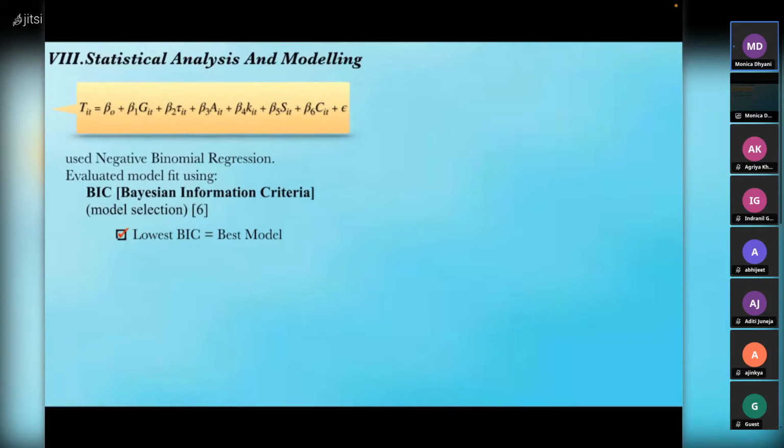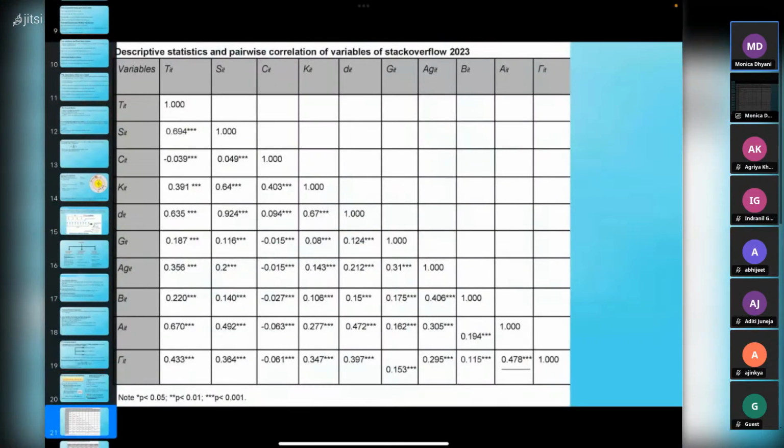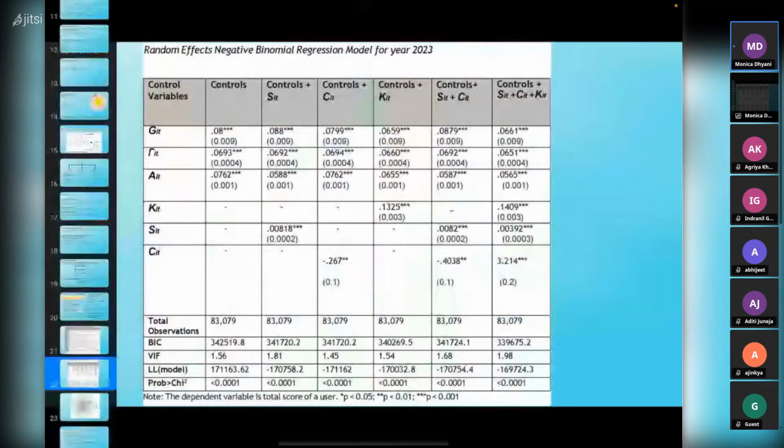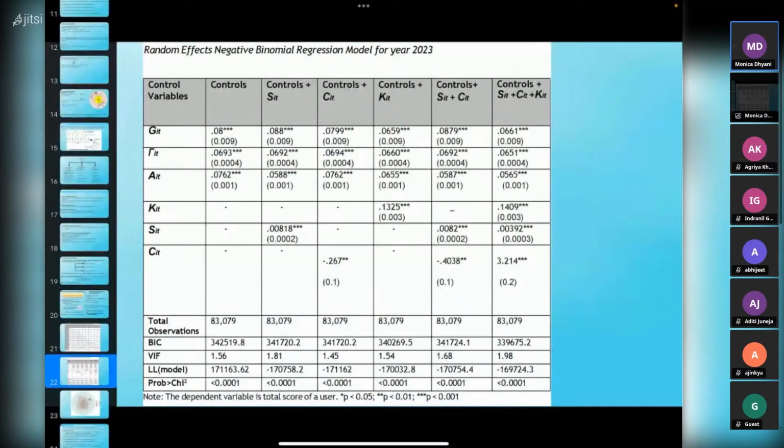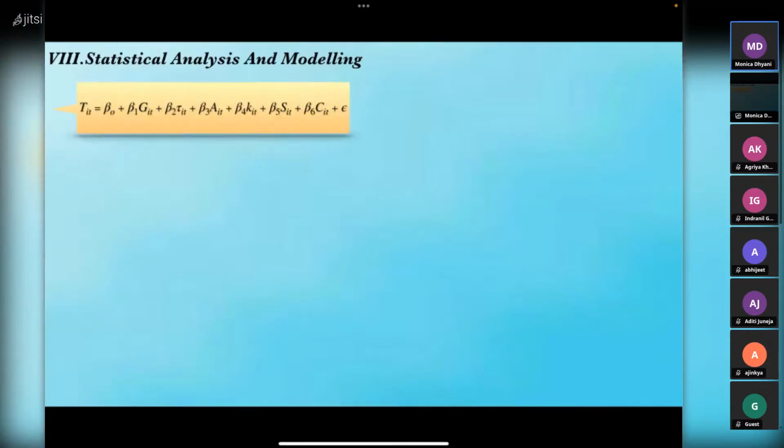I chose the model which had the lowest BIC, and it was the model incorporating all the independent variables as well as controls together. It was my last model, with BIC value 3,39,675, the lowest among all. So this model was chosen as the best fit for the data points.